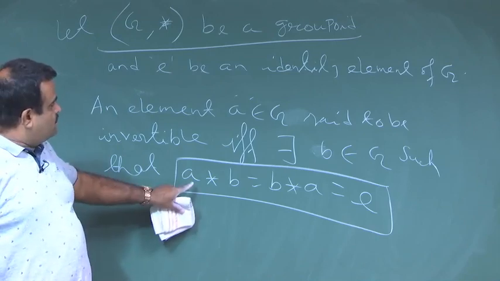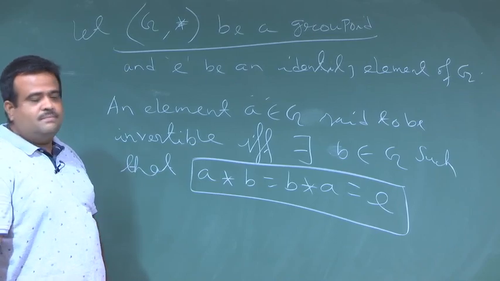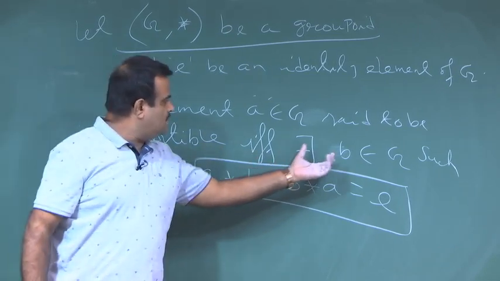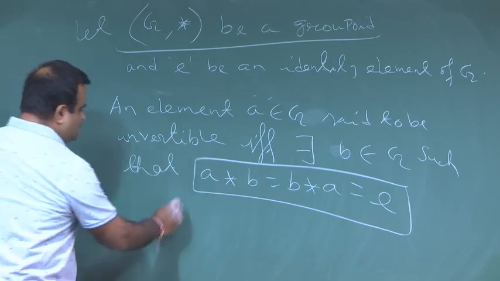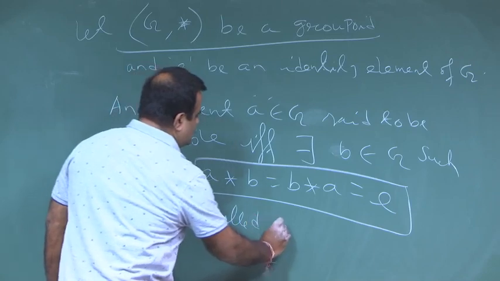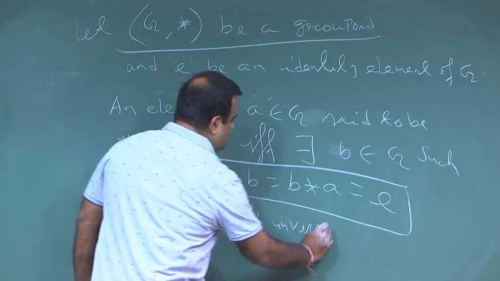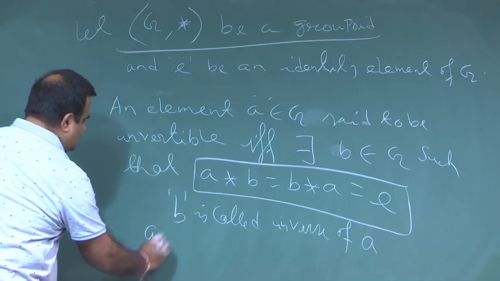So, A is called invertible if such a B exists. If and only if there exists a B such that this holds, then this B is called the inverse of A. Sometimes it is denoted by A star.